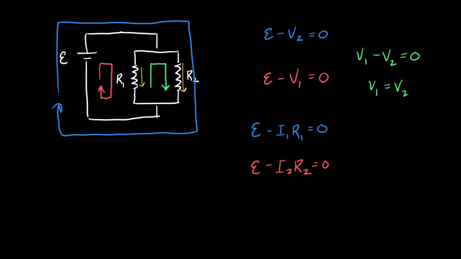Now, the junction rule is going to help here. And so here's where I think we'll bring the junction rule in. There is a current going into this junction, which I'll say is I total. And it splits. And on one side, I'll have I1. And on the other side, I'll have I2.